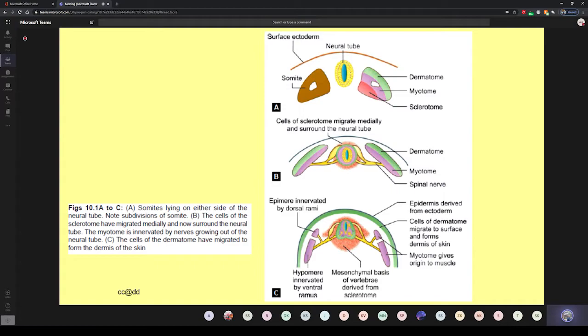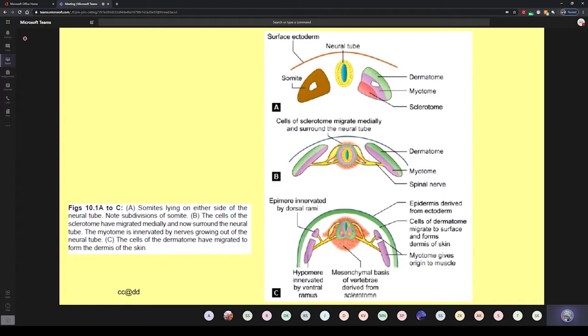Muscles take origin from the bones and are attached to the bones, the myotome component. All are surrounded by connective tissue. Connective tissue keeps them in place, and it also gets attached to the outerlying skin, which is derived from ectoderm, that is, the epidermis.